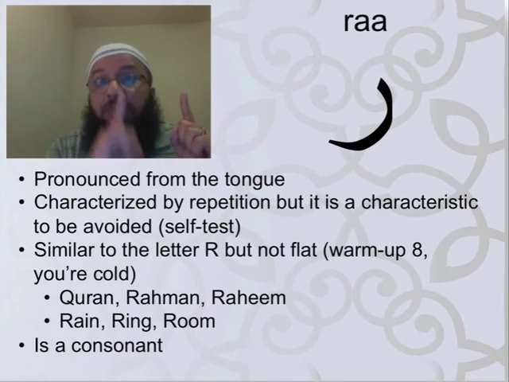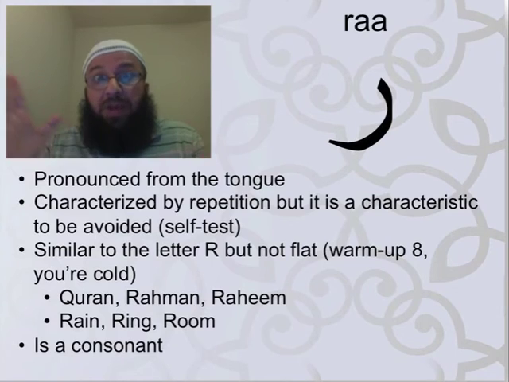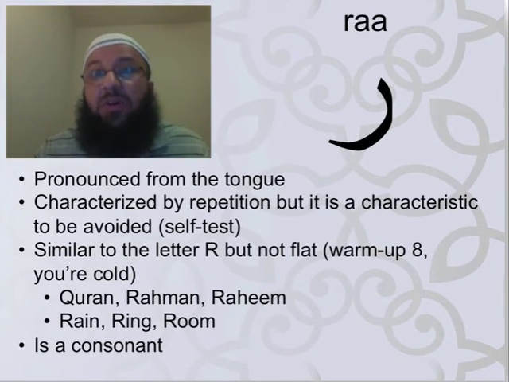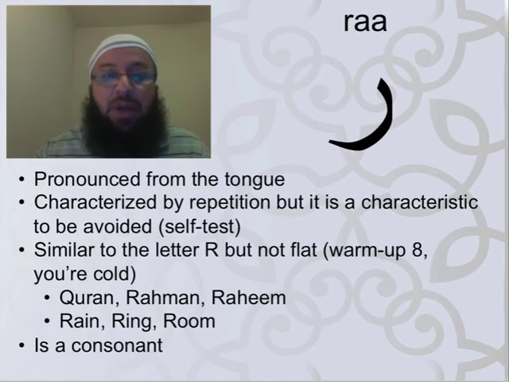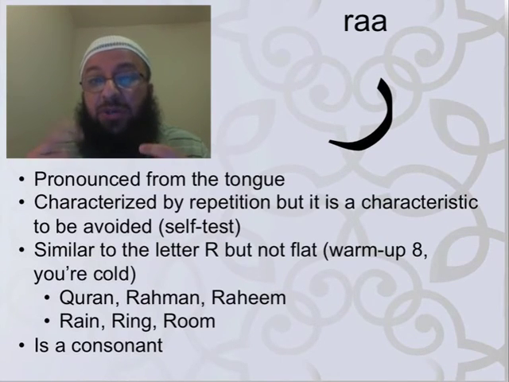You will not be able to pronounce it correctly in the middle, which is Quran, Rahman, Rahim. I hope I have driven that point home until your brain's starting to hurt. This characteristic of the letter Ra is important, and this is going to be on the self-test, by the way. The characteristic of the Ra is repetition, but it is a characteristic to be avoided.